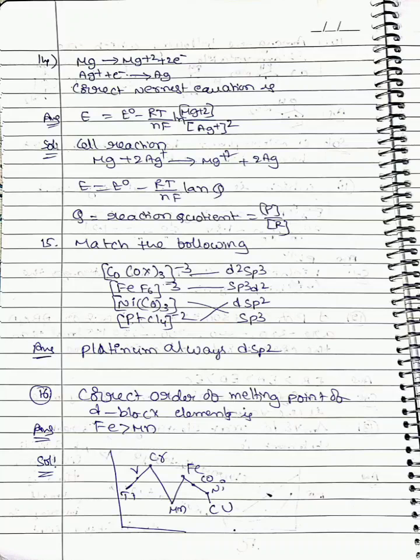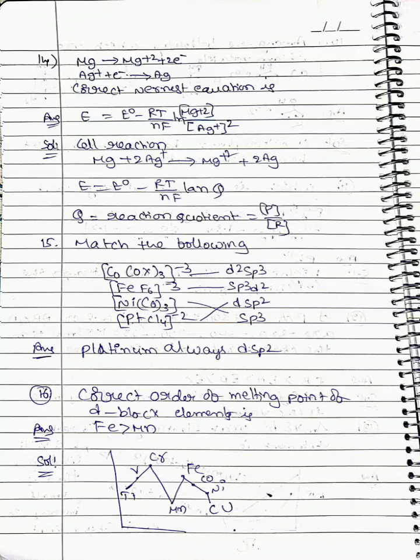Next, the matching question they have asked, again the complex ions and the central metal ion hybridization. You can easily check the answer. Next one, the correct order of melting point of d-block elements, and especially from d-block elements they are asking questions based on the graphs, the physical properties or the atomic enthalpies, whatever it may be.